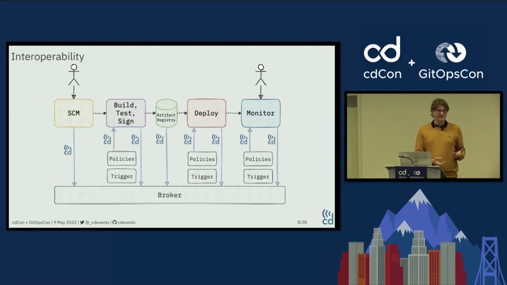Your SCM system will say there was a PR merged into my code. Your build system will say there was a build started, or a build finished successfully or unsuccessfully. They can do that all using a consistent shared language, which is CDEvents.